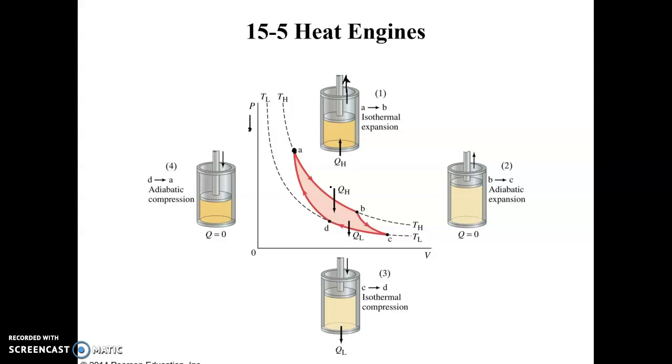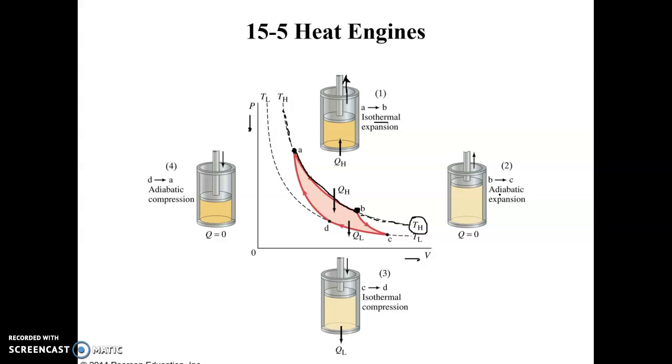So pressure is going down, volume is going up, and we come down from here to here at the same temperature, isothermal, no change in temperature. So we're staying along this curve for an isothermal expansion.